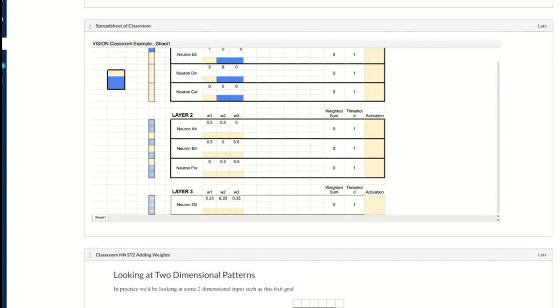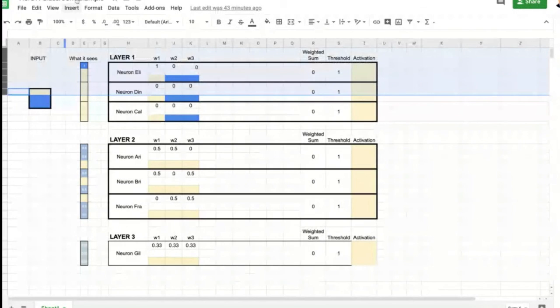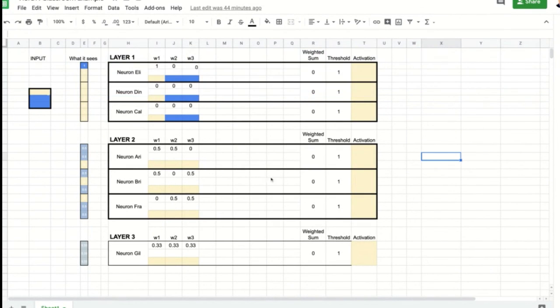So I'm going to switch. Okay, are you seeing this Google Sheet now?